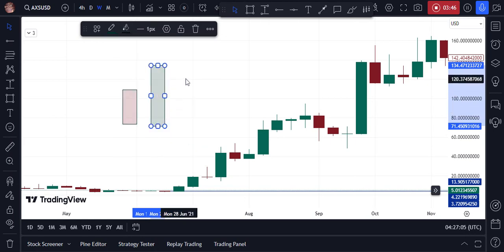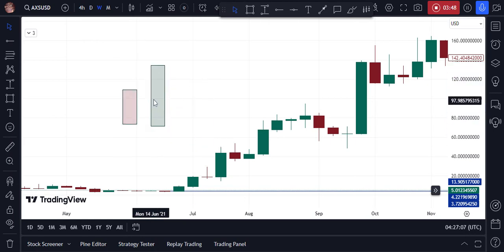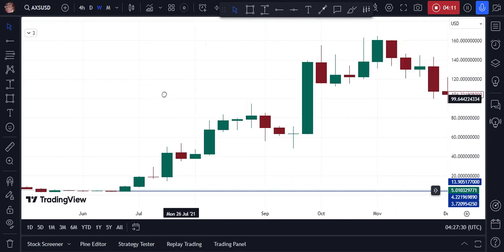So you can see the color difference. This one is a bearish candle being engulfed by the bullish candle. This is what you call a bullish engulfing candle. The reverse of this is what we call the bearish engulfing candle. This is very important. It's important we build this foundation.